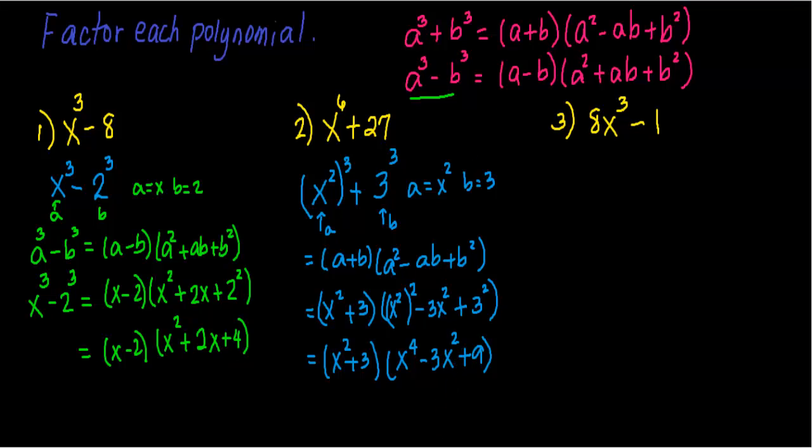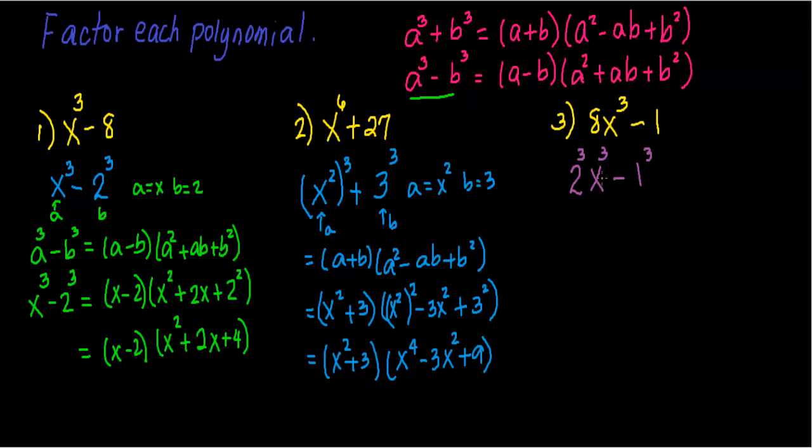Example 3. Again, rewrite everything as cubes. 2x is written as a cube, but 8 is not, and 1 is not written as a cube. So let's go ahead: 8 I can rewrite as 2 to the 3rd power, x to the 3rd power, minus 1 to the 3rd power.